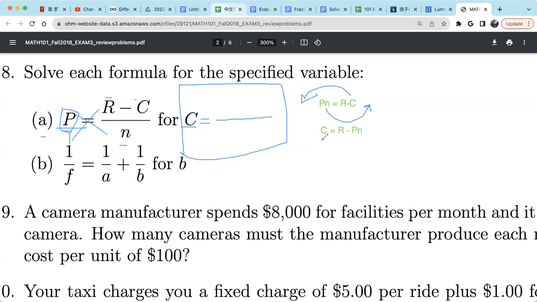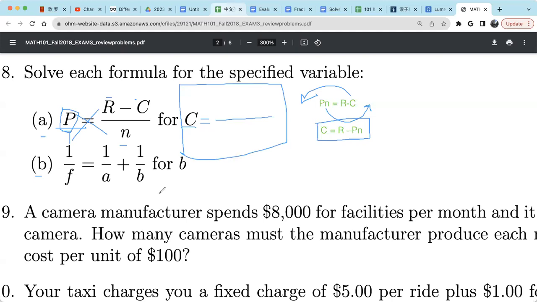And similarly, Pn positive on the left-hand side, I move to the right-hand side, it becomes negative. So C is solved. This is our answer: C equals capital R minus capital P times lowercase n.